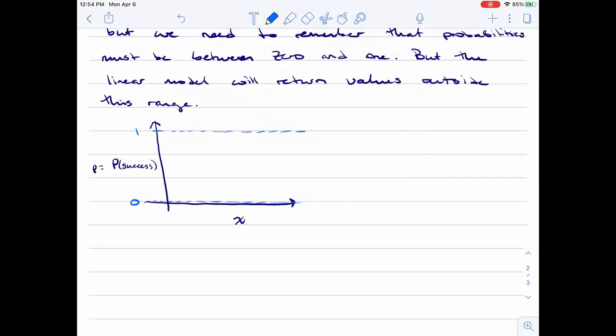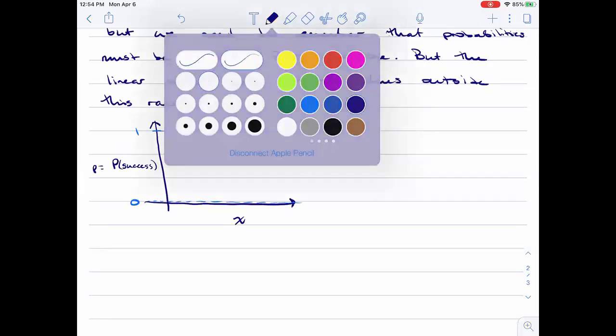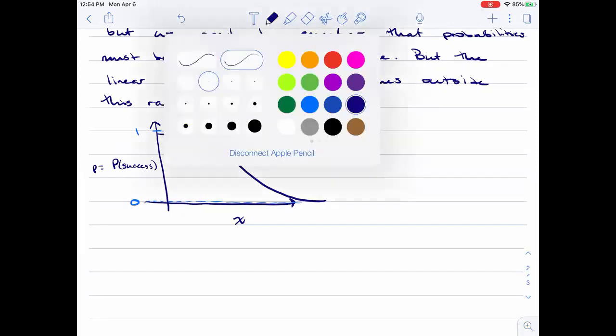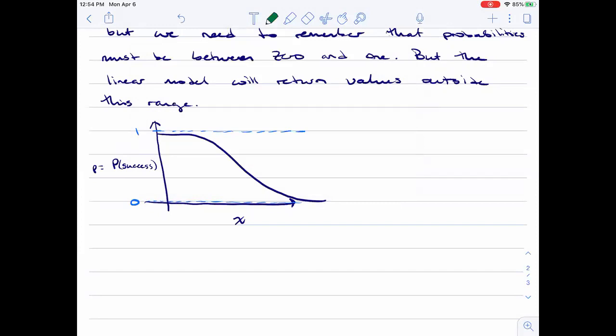What we do in logistic regression is put bounds on here so that it has to stay within these bounds. So we get this kind of S-shaped curve. Or, depending on how the data looks, it might look something like this. So here we've got two different logistic curves.